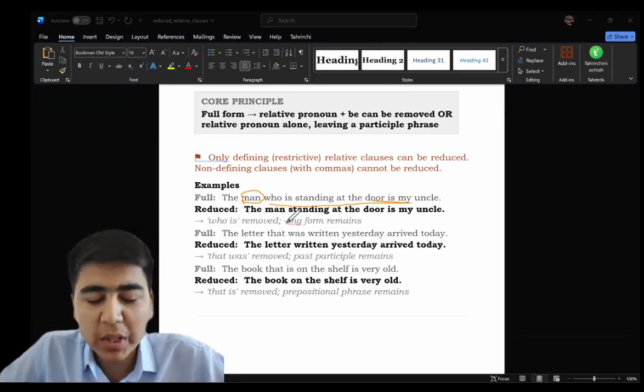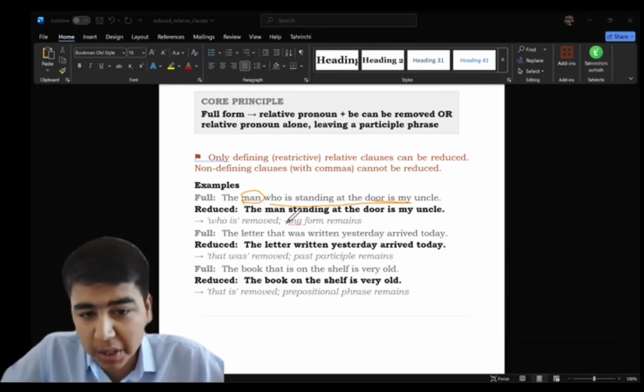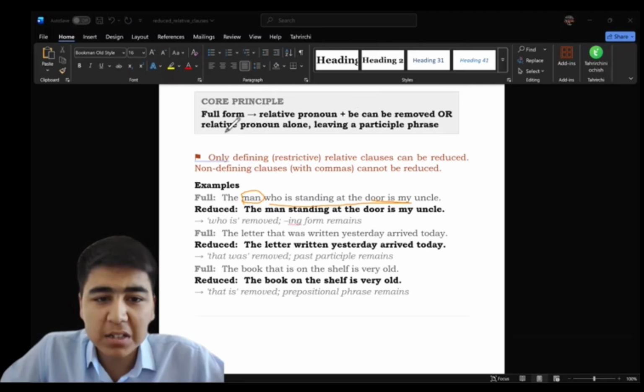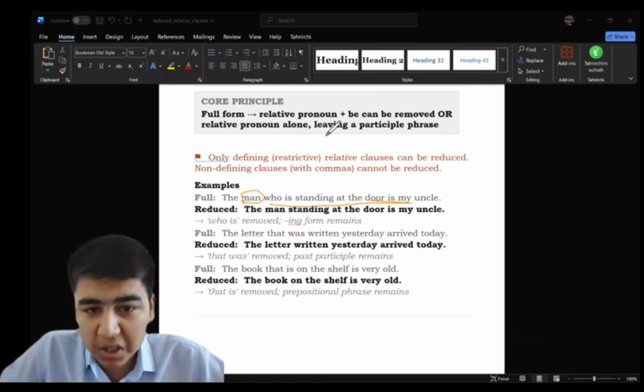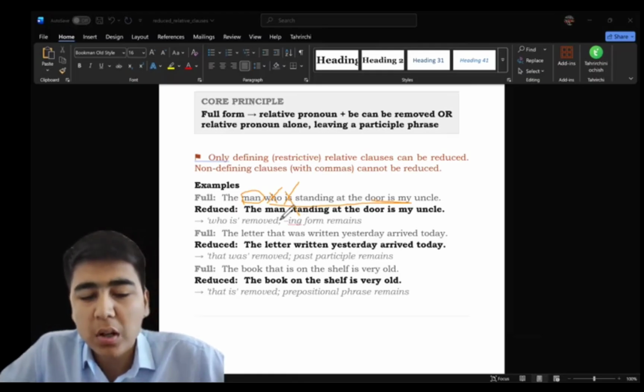So here we can make this sentence more complicated and advanced by doing this. We talked about this. So we remove who and to be. So the sentence becomes more advanced.